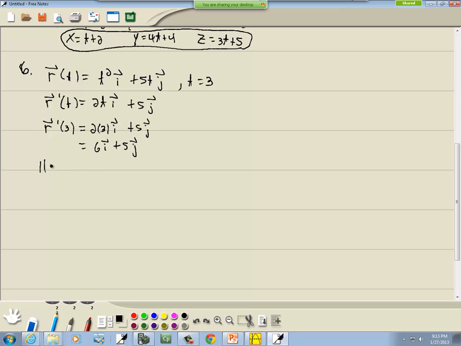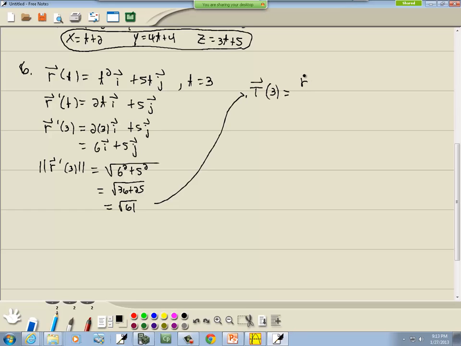Well, let's find the magnitude of r prime at 3. That's going to equal the square root of 6 squared plus 5 squared, which is 36 plus 25, 61? Yeah, square root of 61. Okay. So t at 3 is going to equal r prime at 3 over the magnitude of r prime at 3.